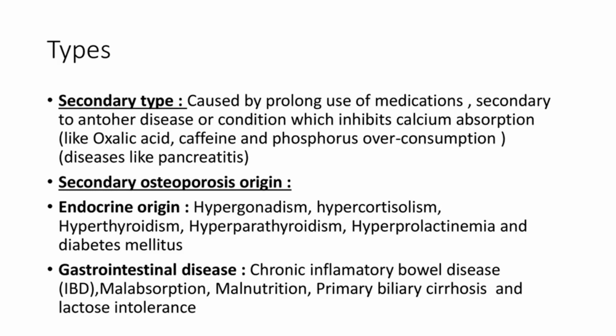Cortisol is basically a hormone that regulates stress. So if a person is always in extreme stress, he will have a high amount of cortisol in him. And then we have hyperthyroidism and hyperparathyroidism. So these are all the endocrine glands. Their hyperactivity can lead to osteoporosis.